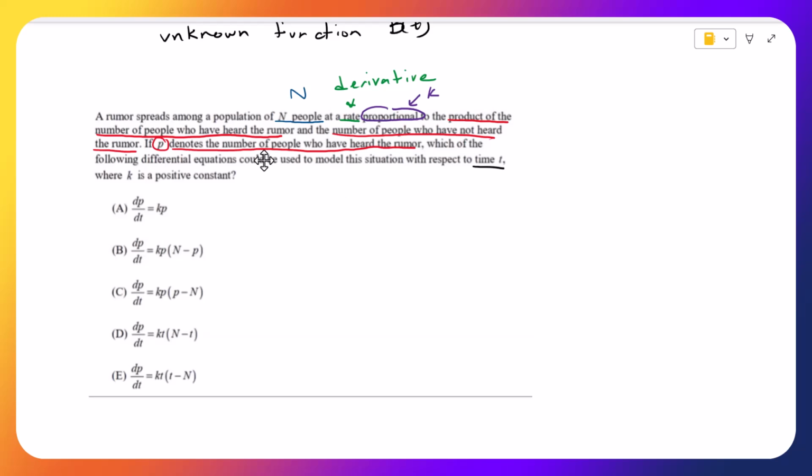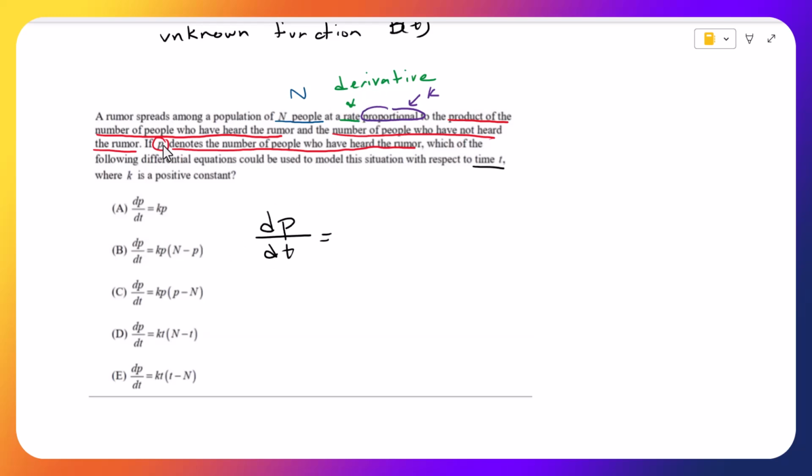We're specifically talking about the number of people who have heard the rumor. So we're talking about the derivative of the people that have heard the rumor with respect to time, because we want the number of people that have heard the rumor. And we're relating these two things directly proportional.